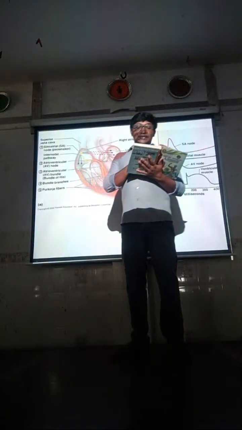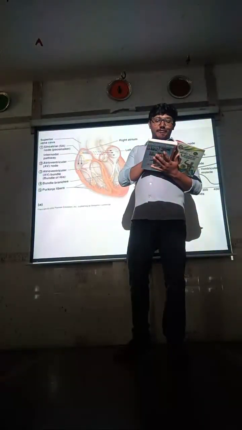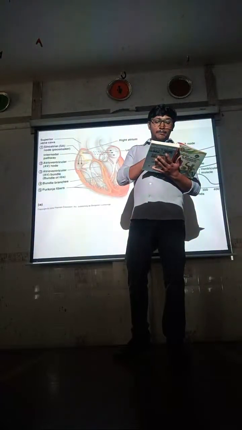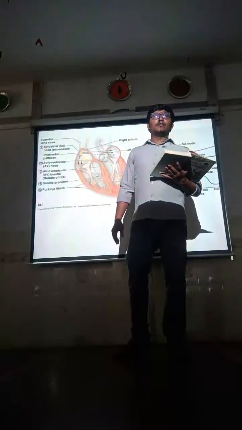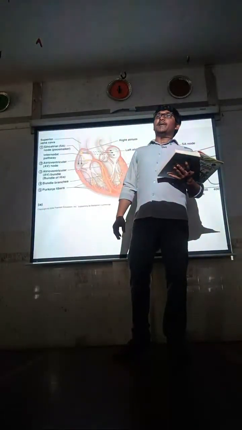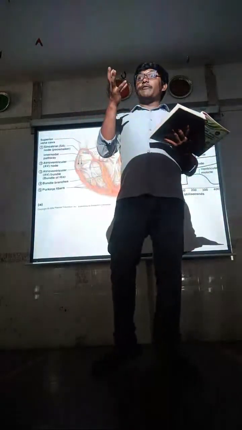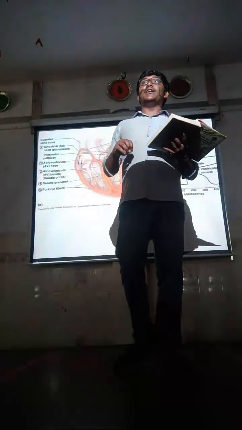In the interventricular septum, the depolarization wave of the electrical impulse spreads rapidly through the Purkinje fibers to all parts of the ventricles. The rate of impulse generated by the Purkinje fibers is 20 per minute. So Purkinje fibers also produce a small impulse, but the rate is very low.